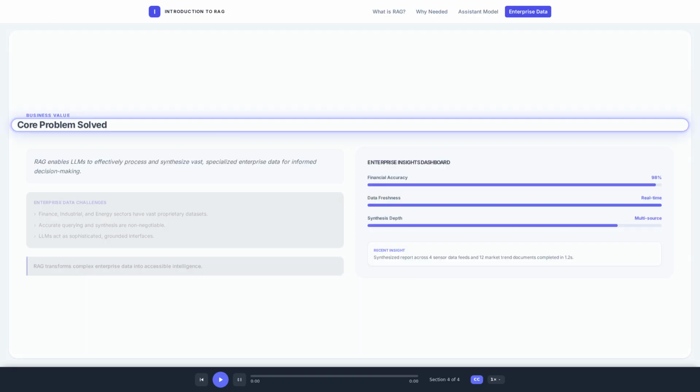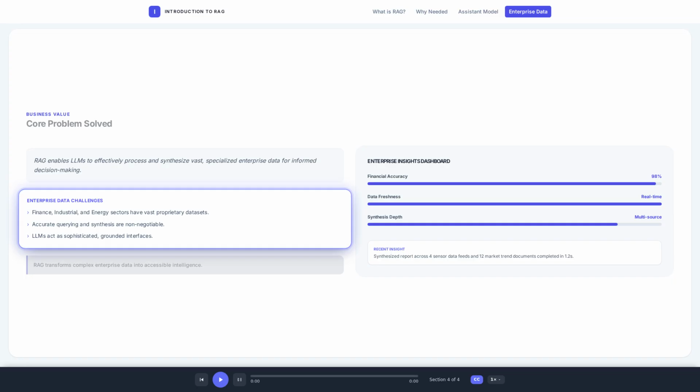We've explored what RAG is, why it's needed, and how it functions like a research assistant. Now, let's focus on the fundamental problem RAG solves, particularly within complex enterprise environments. Many sectors, such as finance, manufacturing, and energy, possess vast, proprietary, and constantly evolving datasets. For businesses in these fields, accurately querying and synthesizing information from these complex data sources is absolutely critical for informed decision-making.